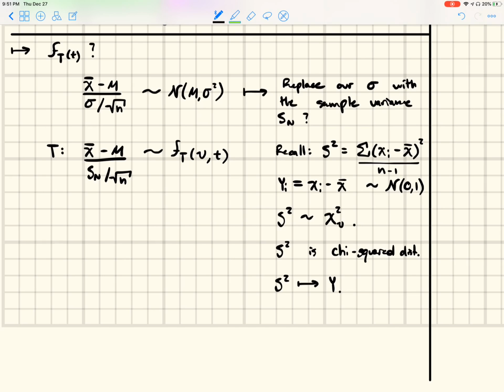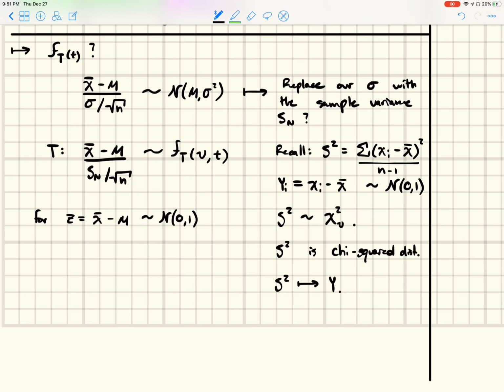So for the numerator, if we define it to be merely this, we know that this is distributed according to the standard normal distribution.